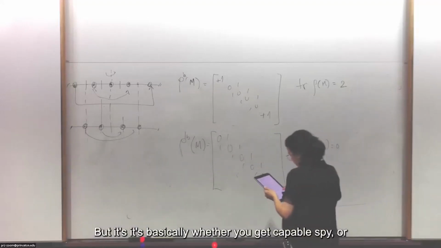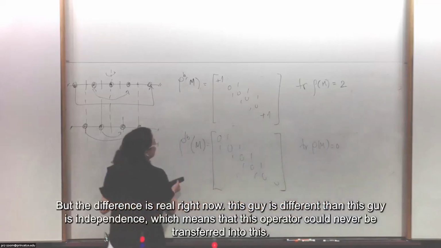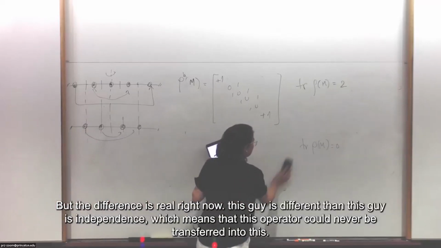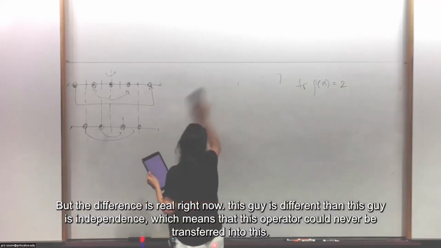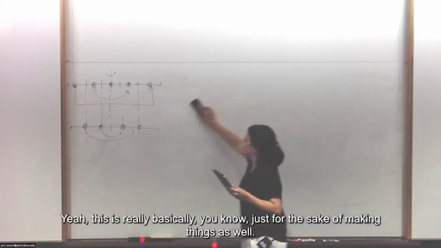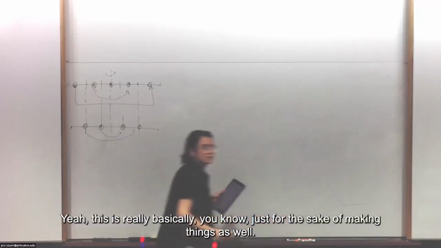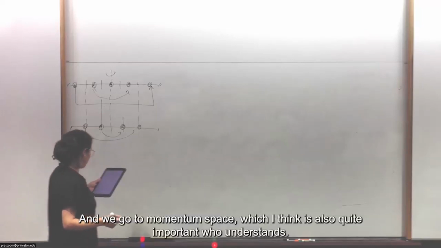And this is really basically enough, but we continue for the sake of making things a little more complete. We go to momentum space, which I think is also quite important to understand. And I think that Leslie probably alluded to this type of construction before in her talk.